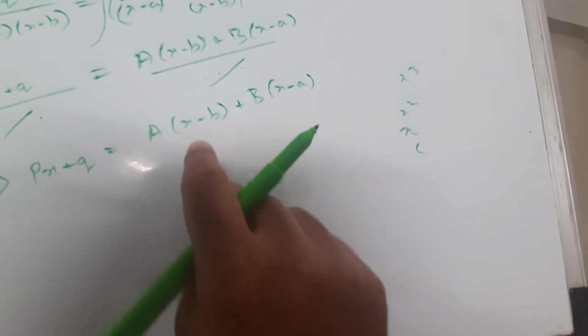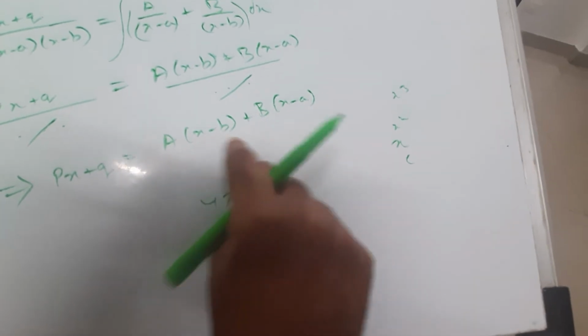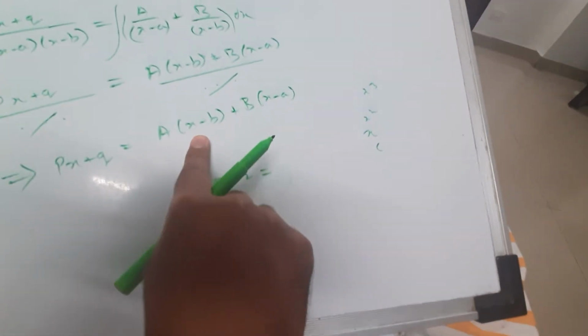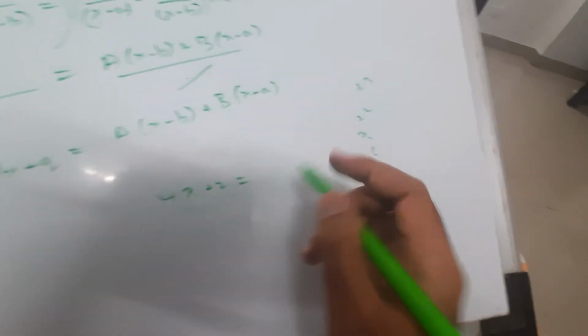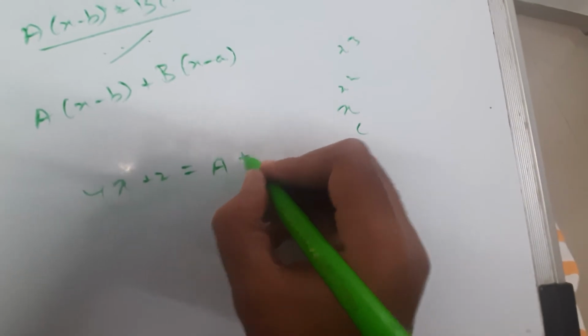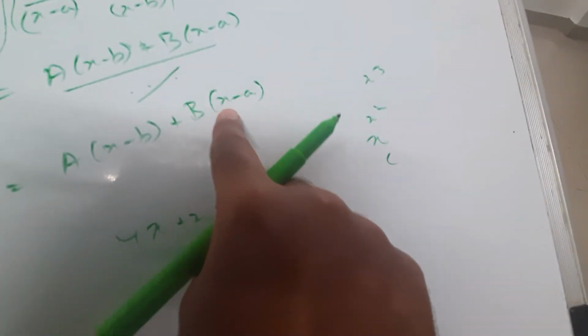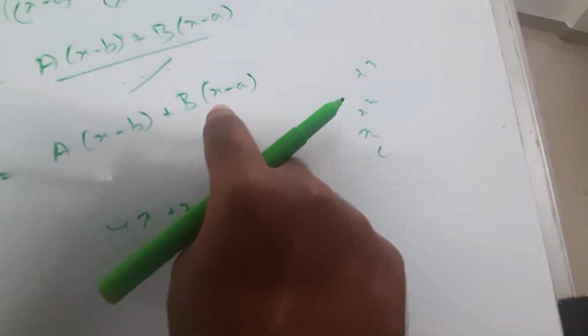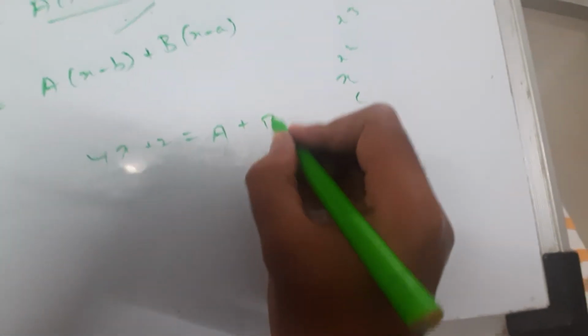When multiplying these out, we see Ax is there, so the coefficient of x is A, and since we see Bx over here, the coefficient of x is B.